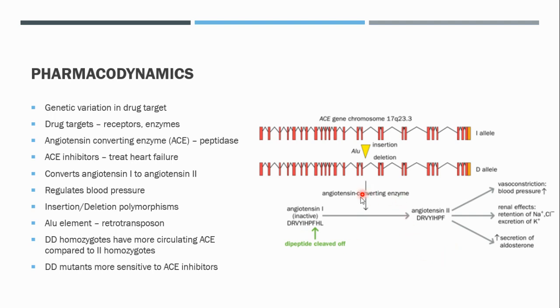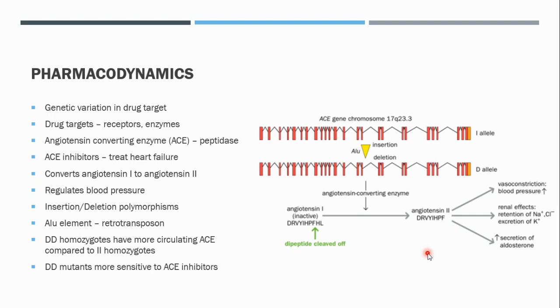And therefore patients who have this deletion are more sensitive to ACE inhibitors. So identifying which patients have more sensitivity to ACE inhibitors and have more angiotensin 2 will help inform whether ACE inhibitors can be used to treat these patients, or if they have the II genotype, this indicates that ACE inhibitors may not be as effective against these patients at reducing blood pressure.